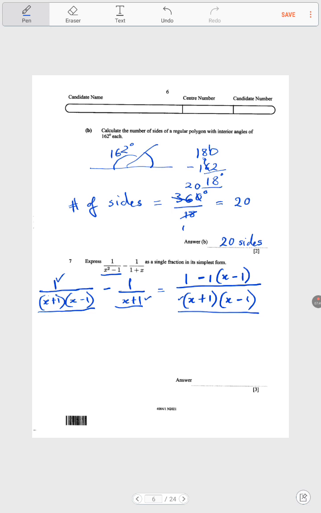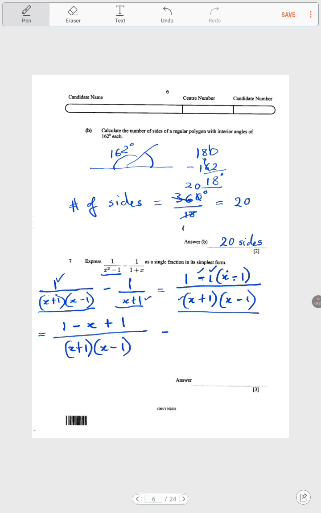The reason why I put this stage here like this and put this bracket is so that you won't forget that multiplication of a negative by a negative should give you a positive answer. So the next stage I'm going to write it here. I'm going to say 1 minus, that's minus 1 times x here, you get minus x, minus here, you get positive 1, all over the difference of 2 squares, which is x plus 1, x minus 1.